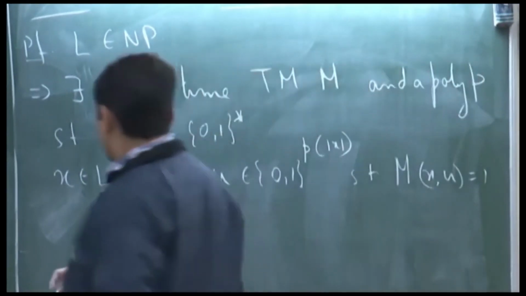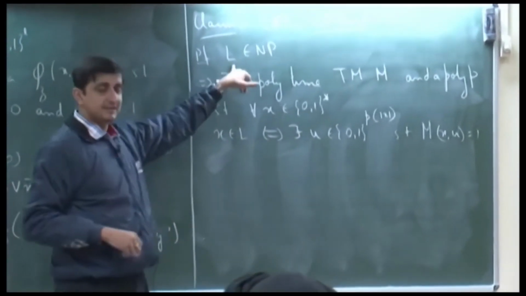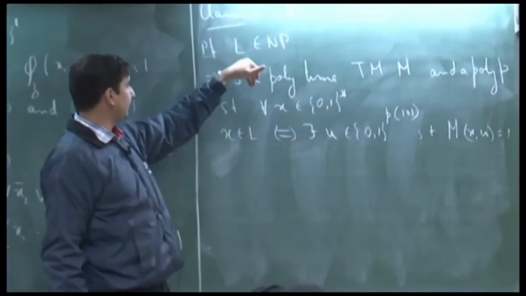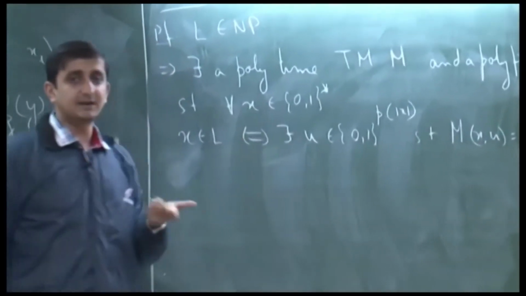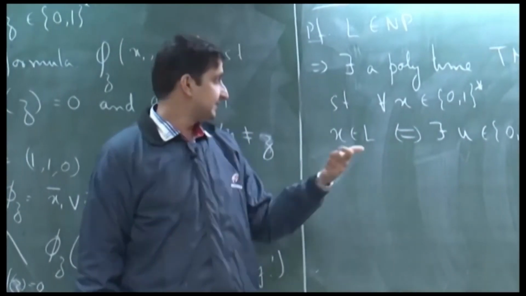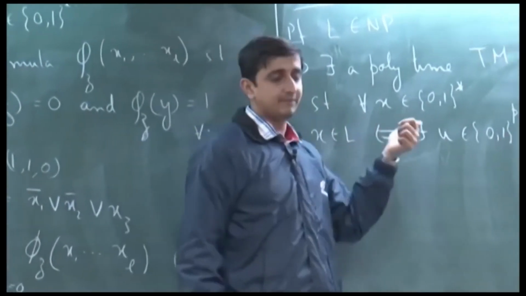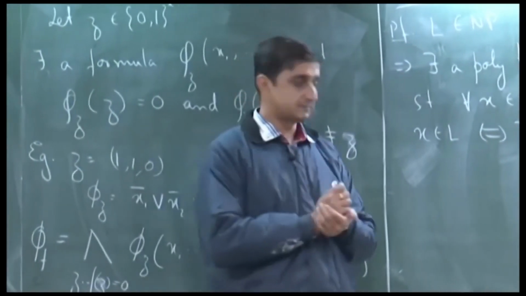Given this language L and an arbitrary string x, we will construct a formula phi of x such that if x belongs to L, then phi of x will evaluate to true and otherwise it will evaluate to false.